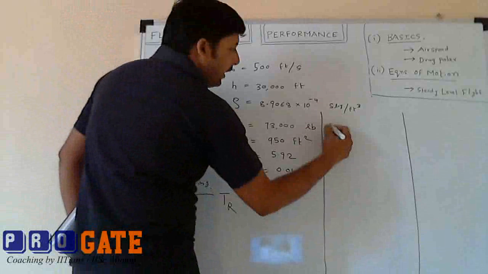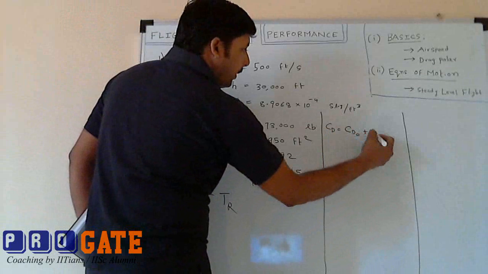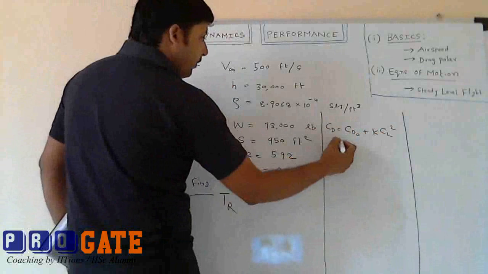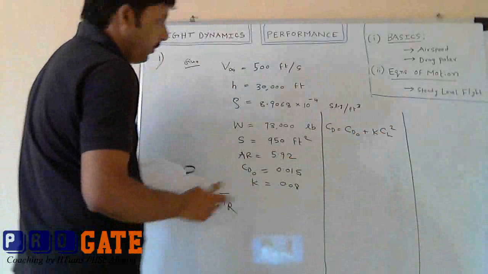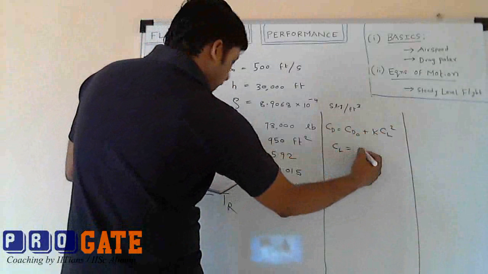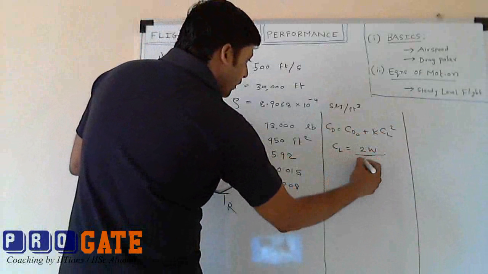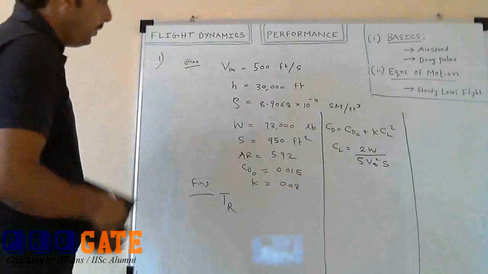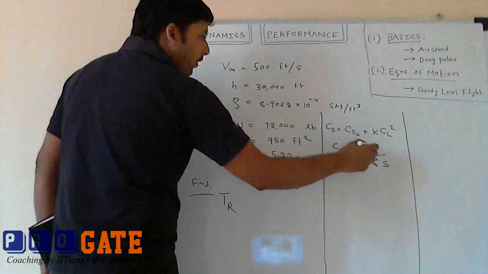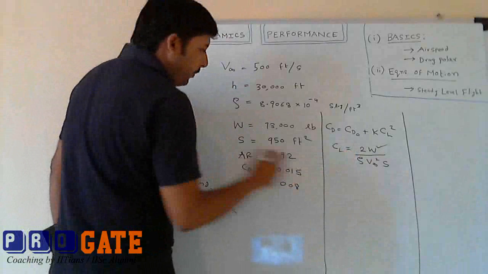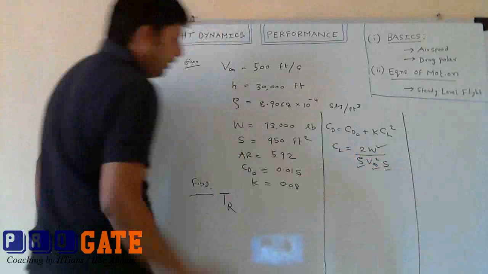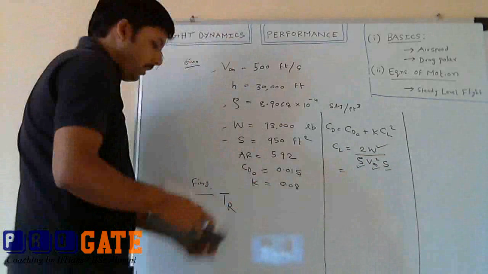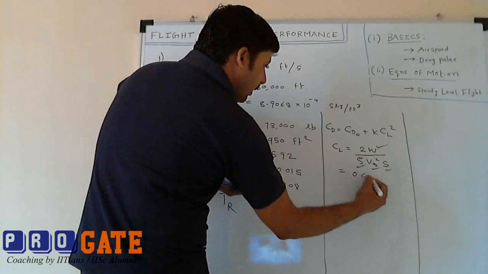Now we know CD is given by CD naught plus K CL square. CL is 2W by rho V infinity square into S. So the first step will be to calculate CL from the given variables: W, rho, V infinity, and S. Using this, we obtain CL as 0.6902.